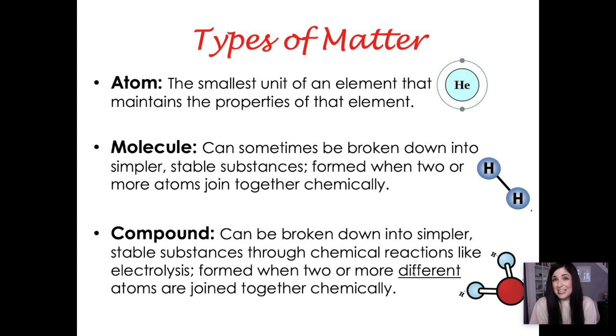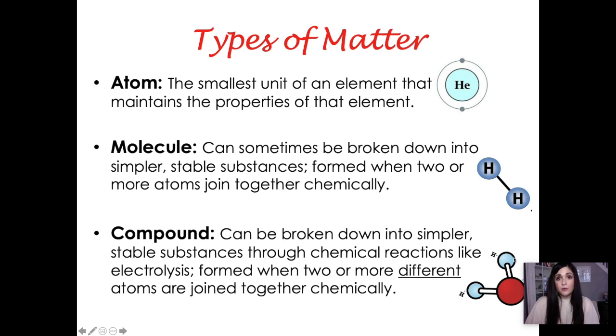Molecules are any 2 atoms that bond, whereas compounds have to be different atoms that bond. And as a result, because we have different atoms that bond, you can break compounds down into something more simple and more stable. And a perfect example of a compound is water, so H2O right here.